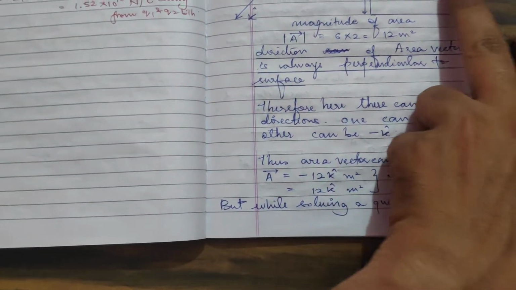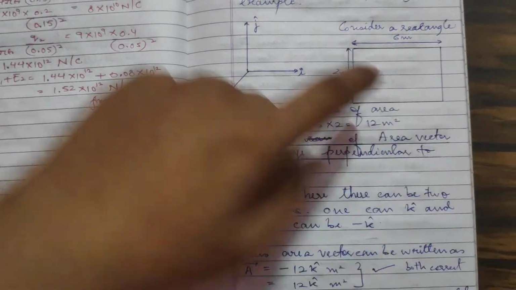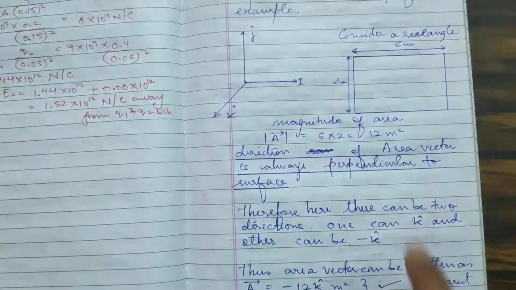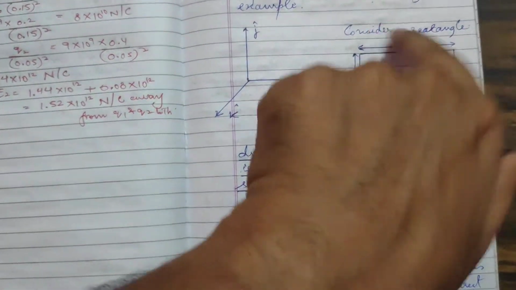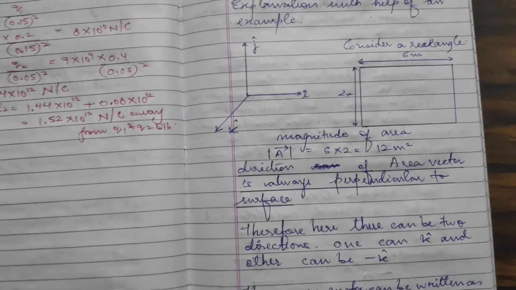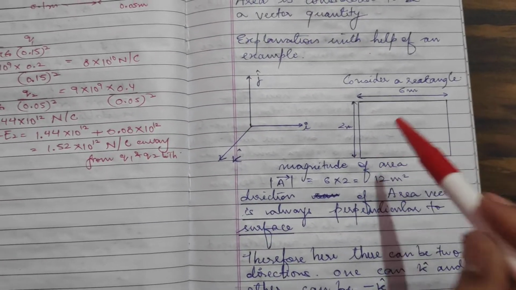That means what I have taken is the area of the surface and minus k cap, which is perpendicular to the plane of paper, perpendicular to the surface inwards.